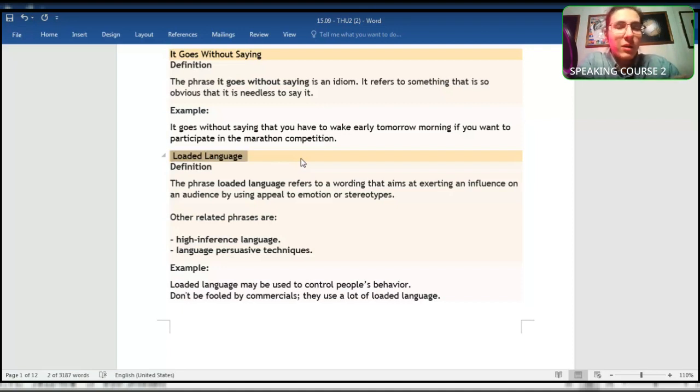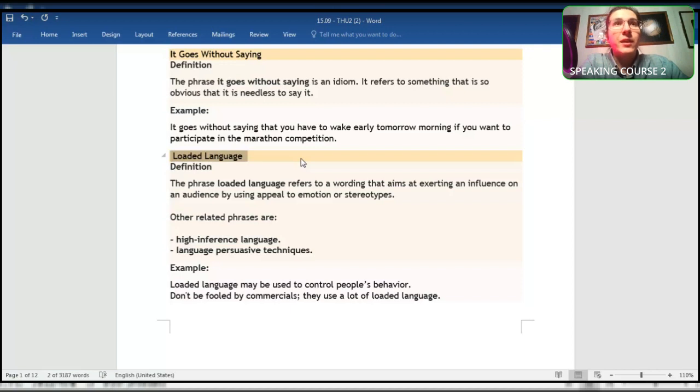One topic that I want to talk about a little bit is loaded language. This is very popular in, for example, advertisements. It's popular in politics. It's popular in a lot of different spheres where language is important. It means wording, not the information in some phrase or sentence, but specifically the way that information is presented, that influences an audience by appealing to emotion or to stereotypes.